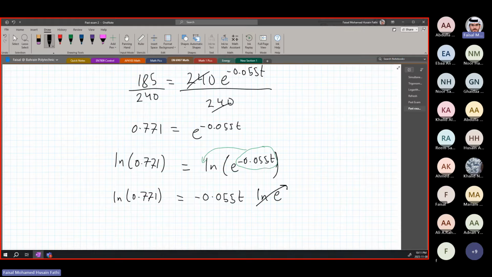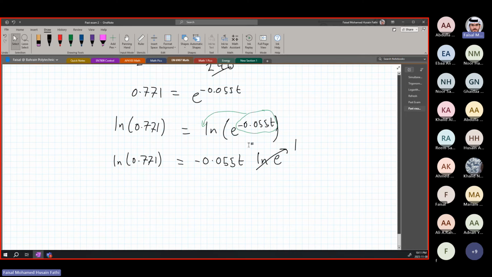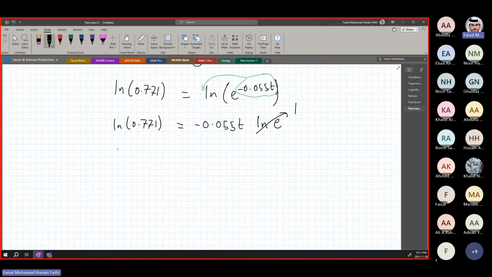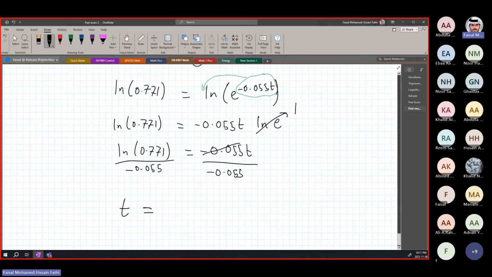We know ln e is 1, so we can just remove it. So ln of 0.771 is equal to minus 0.055 t. We will divide both sides by minus 0.055, and we get t is equal to, this cancels out.